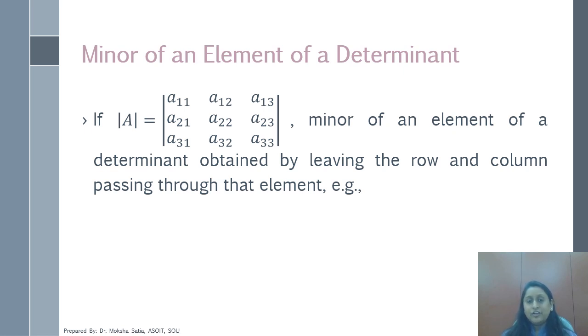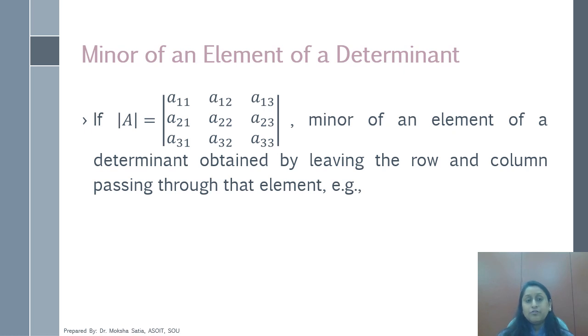It is of order 3 cross 3, and the minor of an element of a determinant is obtained by leaving the row and column passing through that element.